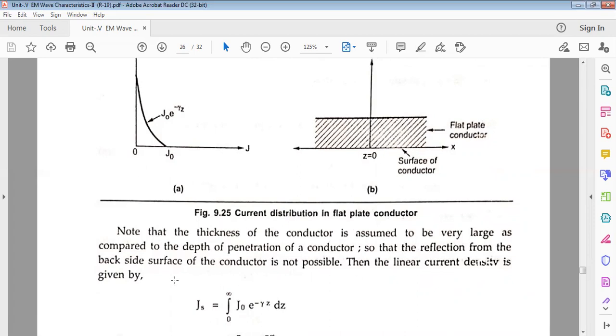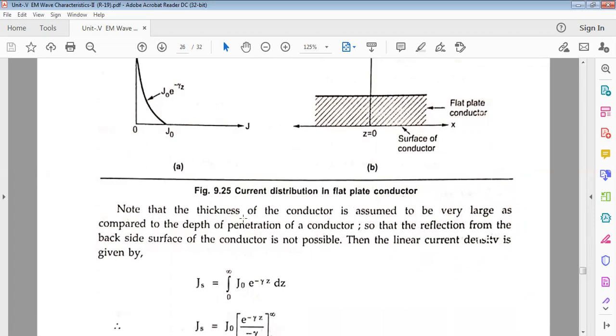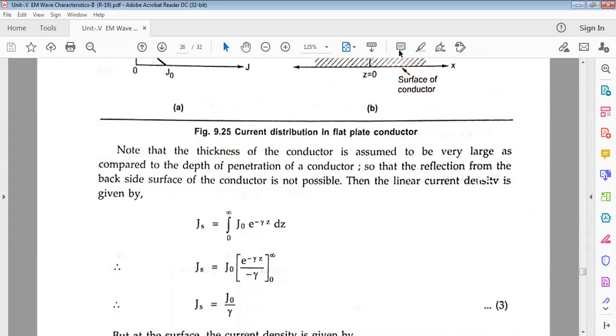Then the linear current density is given by Js is equal to the integral from 0 to infinity, along the z direction, of J naught e power minus gamma z dz. The surface current density Js is the area under that curve.